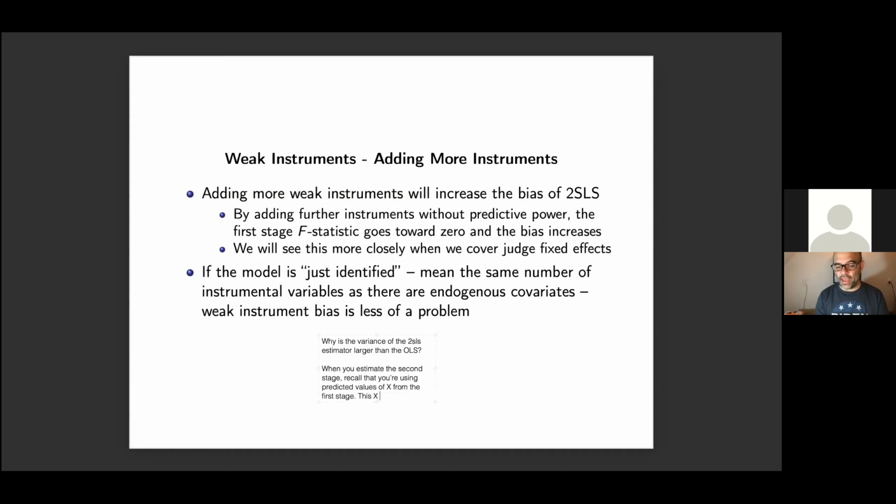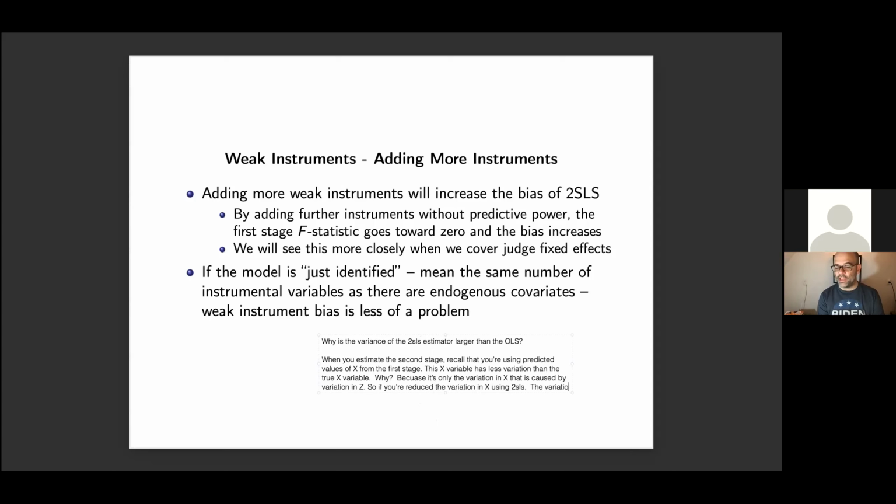This X variable has less variation than the true X variable. Why? Because it's only the variation in X that is caused by variation in Z. So you've reduced the variation in X using two-stage least squares.